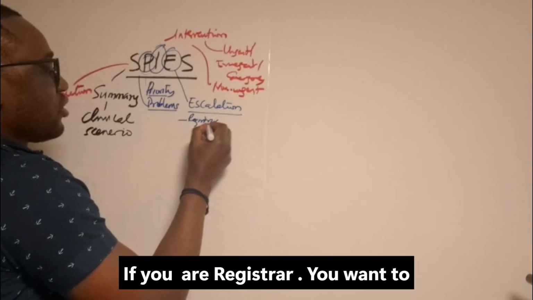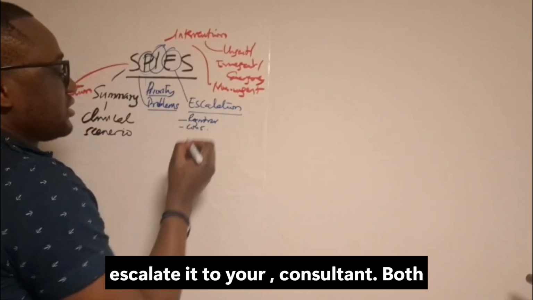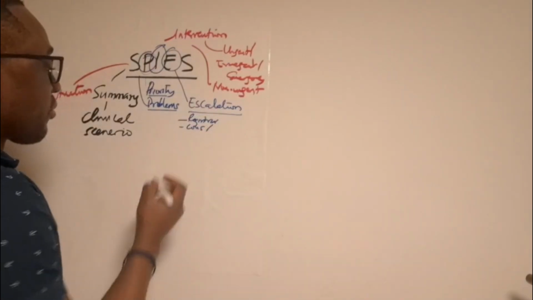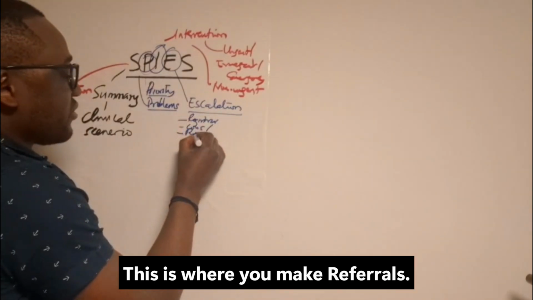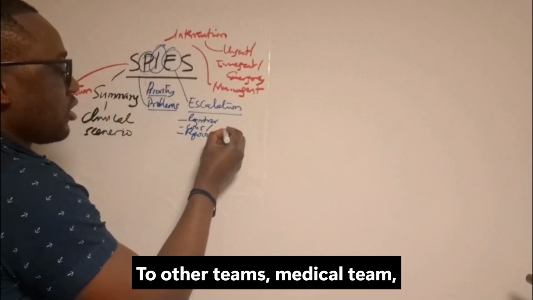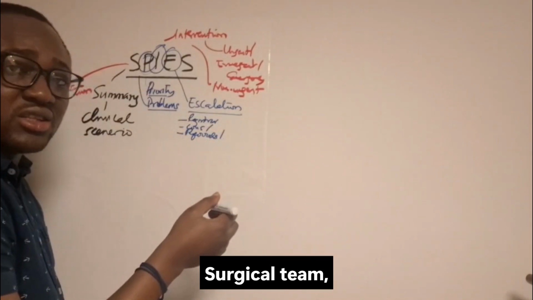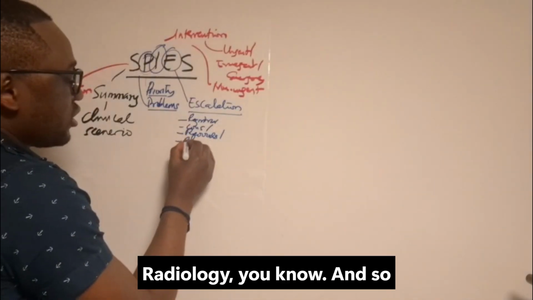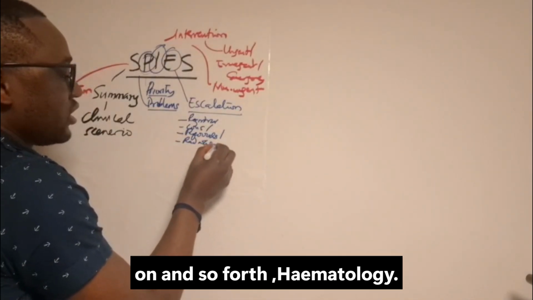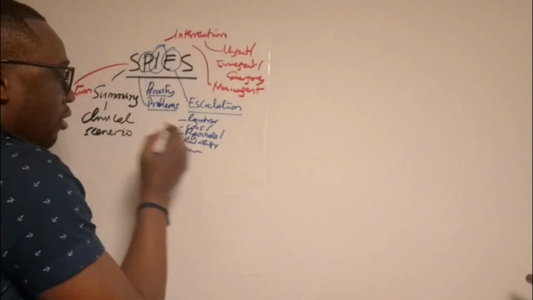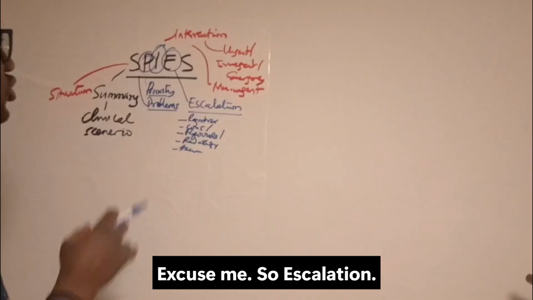If you are a registrar, you want to escalate to the consultant, both within your firm and outside your firm. This is where you make referrals to other teams, medical team, surgical team, radiology, and so on and so forth. Hematology. Excuse me. So escalation.